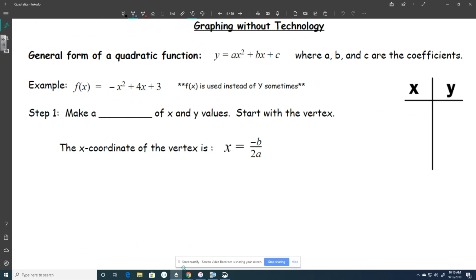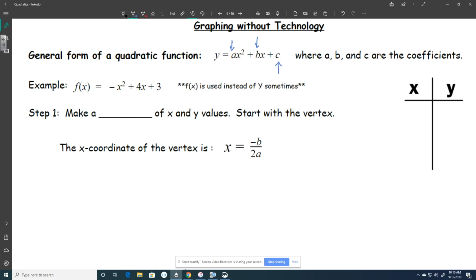Now, what if you don't have a calculator? In fact, even with a calculator, some of the homework today you're going to have to do without. So in general, a quadratic function looks like this. Something x squared, and whatever's in front of it, we call a. And sometimes we have a number with an x, and we call that b.